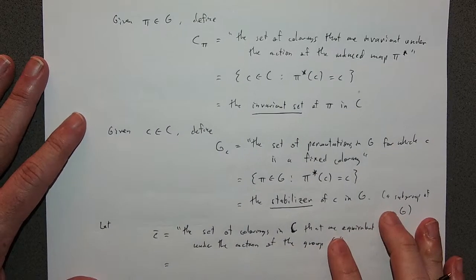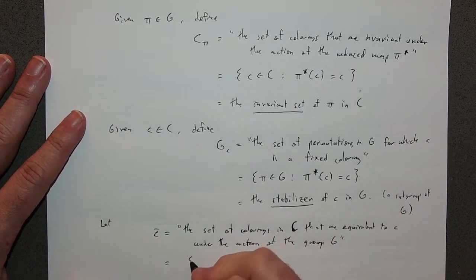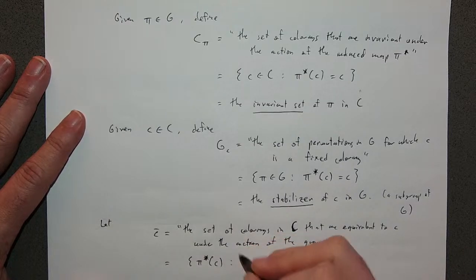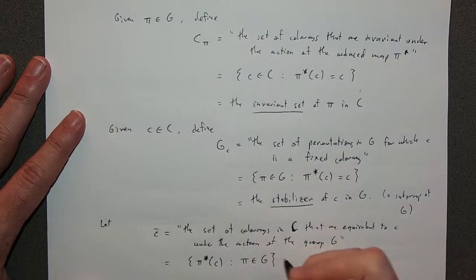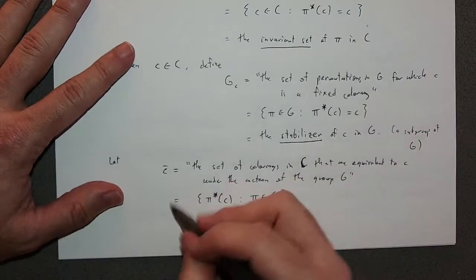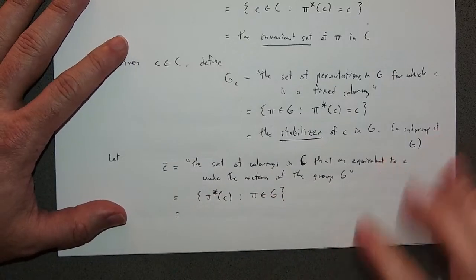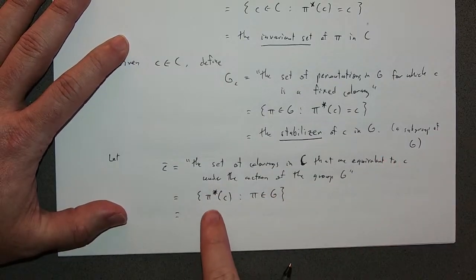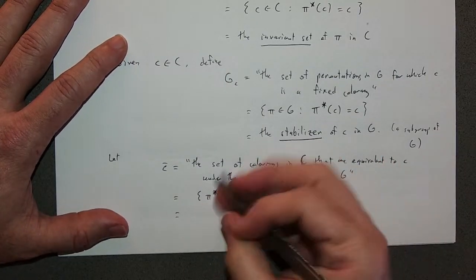Writing this in set builder notation, this is the collection of all of the images of this induced map for all the permutations. So what is this? This is really the equivalence class of C under this relation.